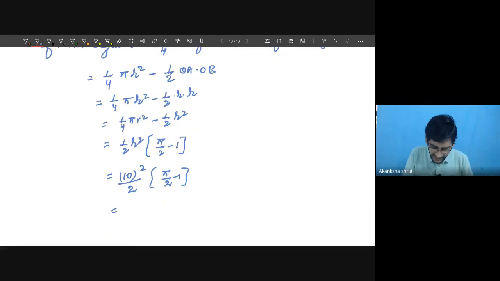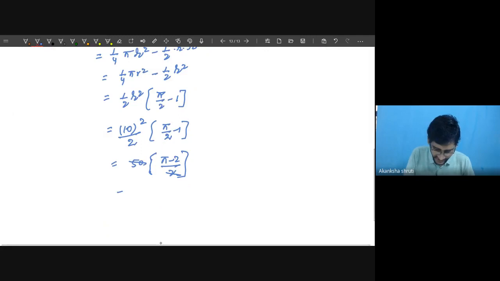So it becomes 100 by 2, which is 50. Then it is pi minus 2 by 2, or even this 2 can be cancelled, giving 25 into pi minus 2, this much centimeter square.